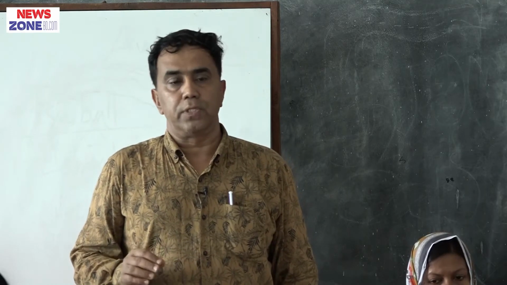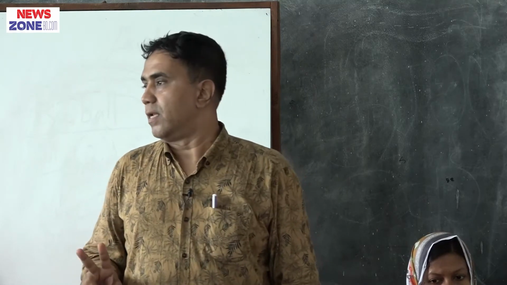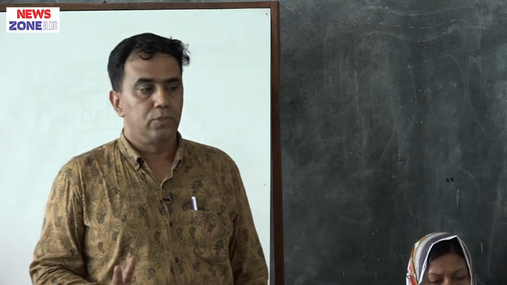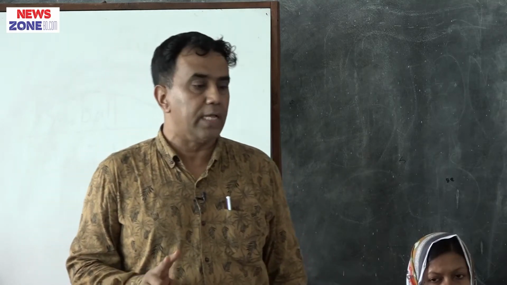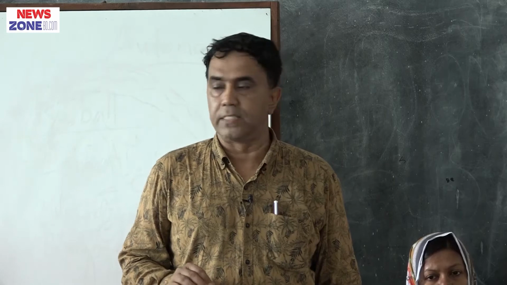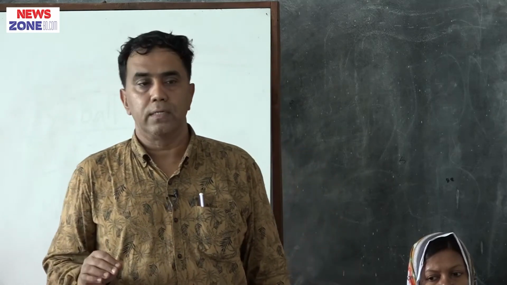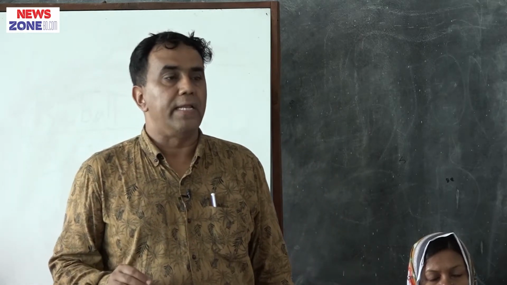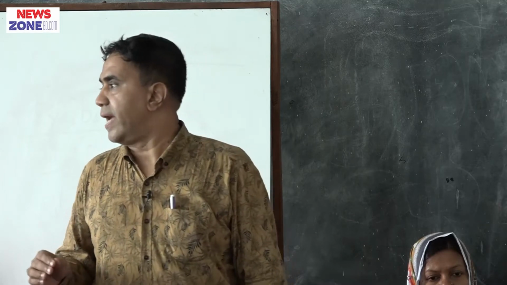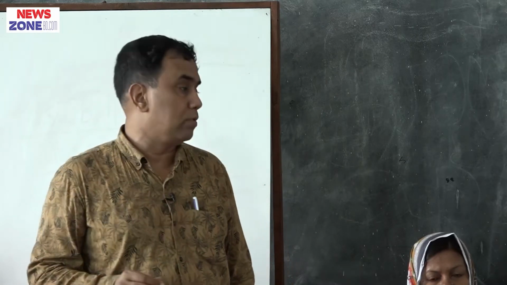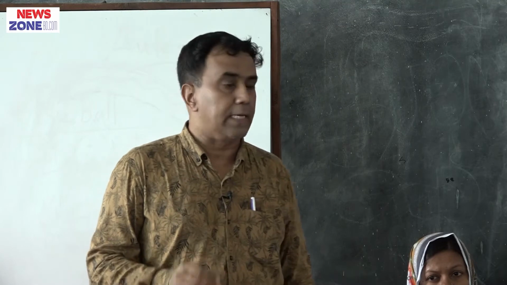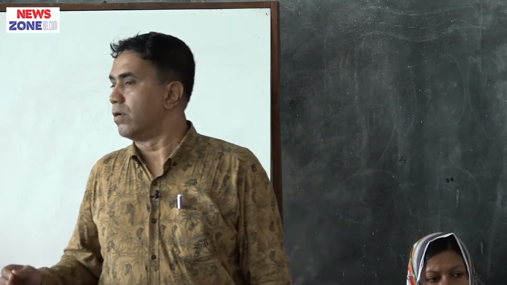In nervous tissue, there are 2 main types of cell. Number 1, the main excitable cell, called neuron.